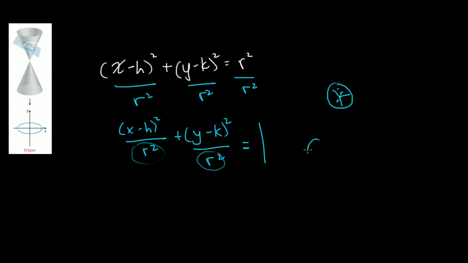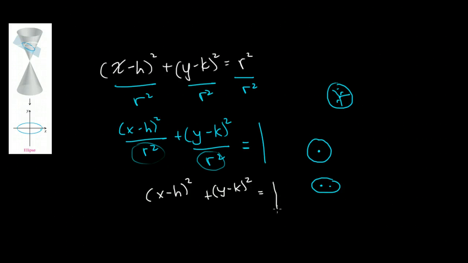Whereas a circle is all points equidistant from one center point, if I were to take that center point and create two foci from it, and wheel around those two foci, that would be called an ellipse. And so the standard equation for an ellipse looks a lot like the equation for a circle, except that we set it equal to 1 instead of r squared.